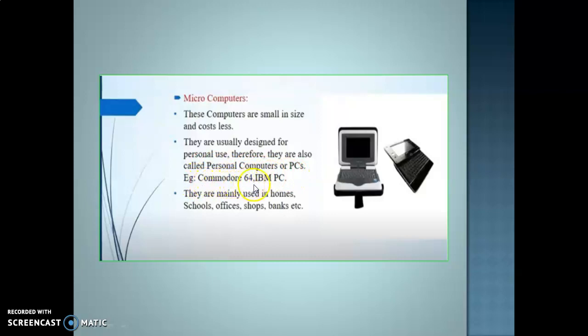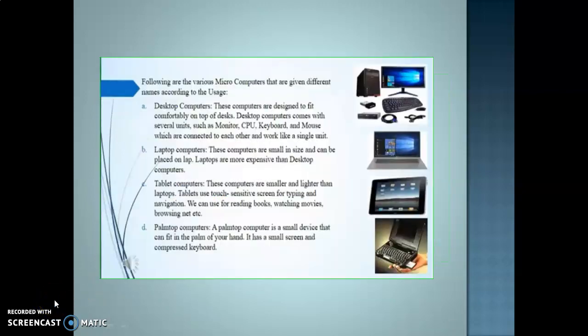Example, Commodore 64 and IBM PC. They are mainly used in homes, school, offices, shops, banks, etc. Further, it is classified in 4 categories: desktop computers, laptop computers, tablet computers and palm-top computers.